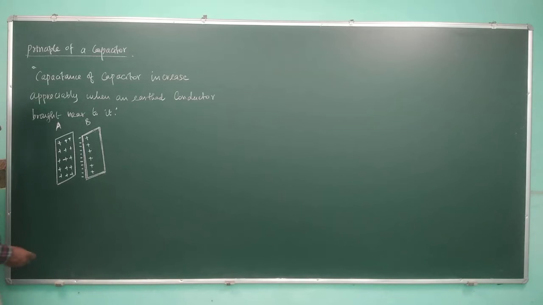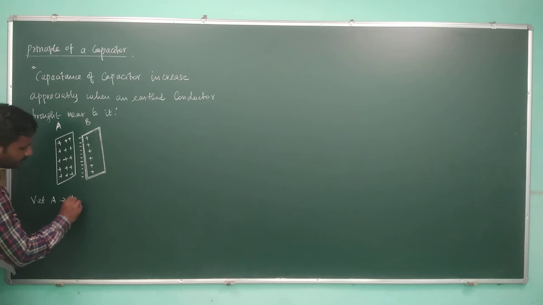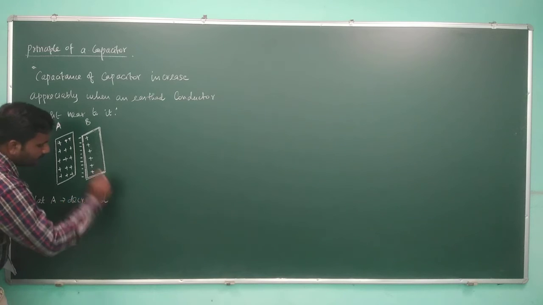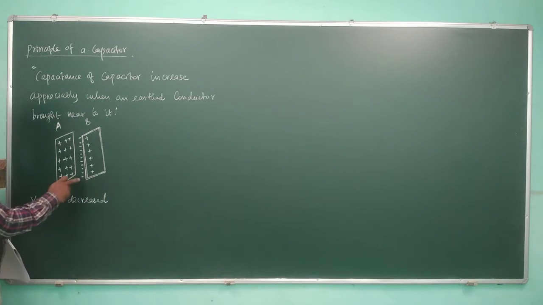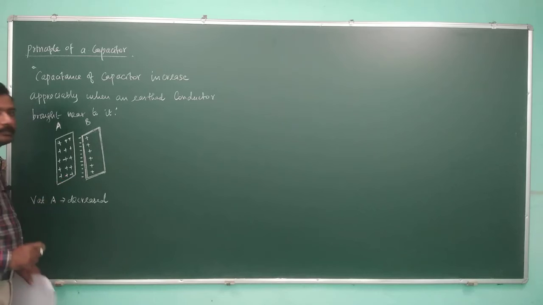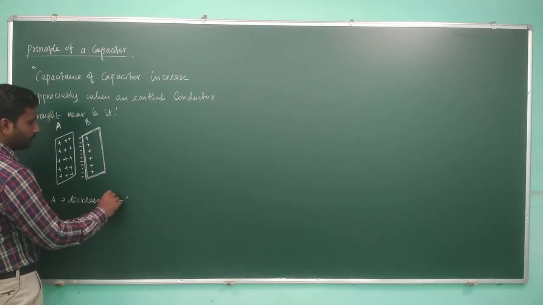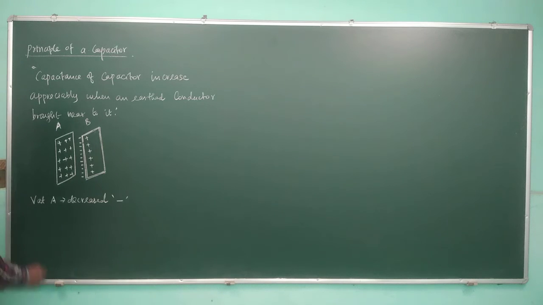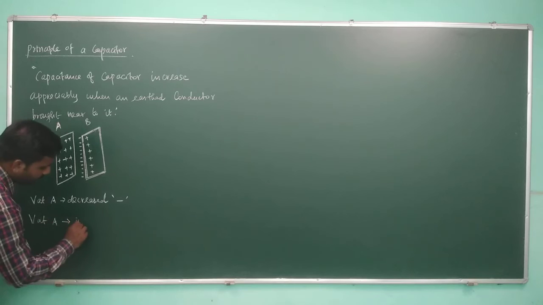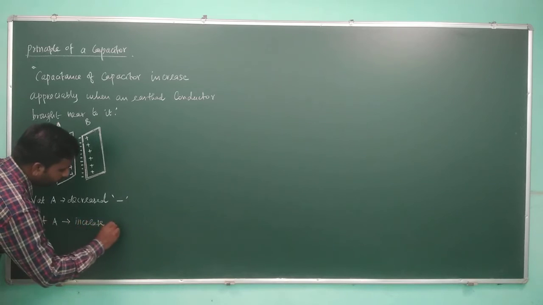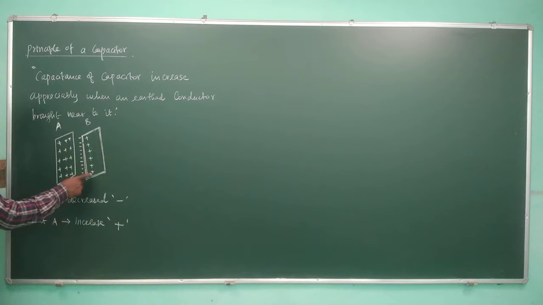Now you see the potential at A. The potential at A will be decreased by a considerable amount because of the negative charges in plate B, and V at A will be increased due to the positive charges present.